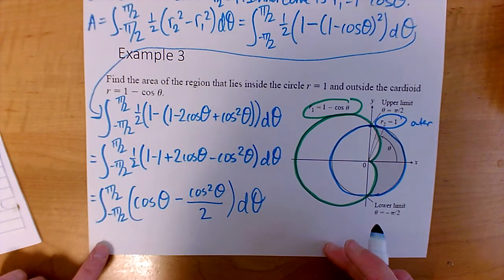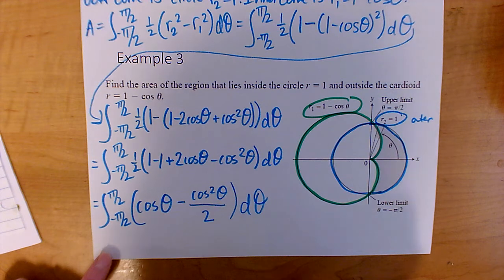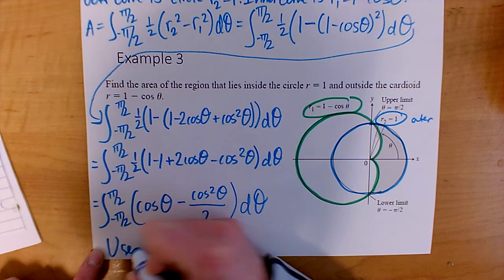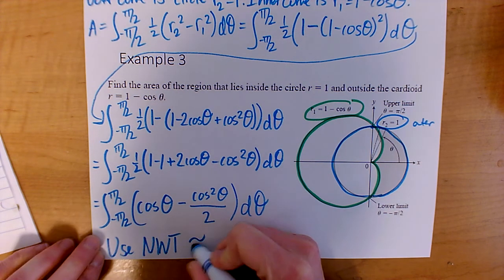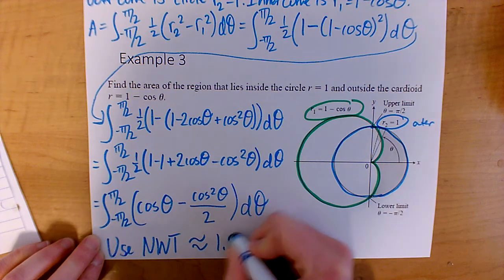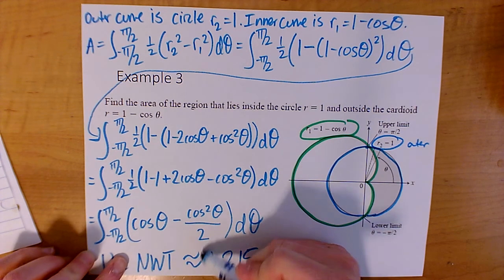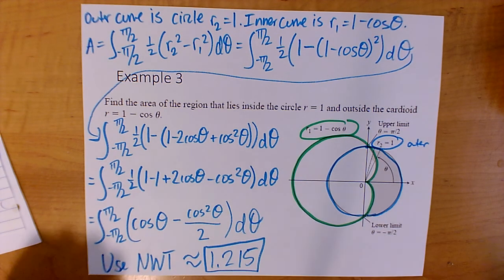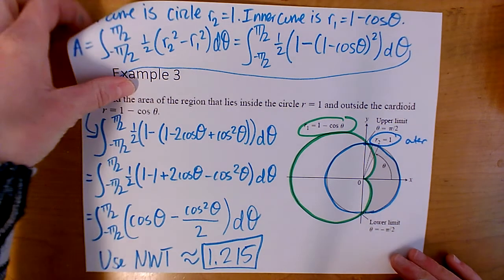Here we've got this nice and simple, so this should be pretty easy to plug into our calculator, hopefully without making too many mistakes. And then we can practice our NINT skills. We're going to get 1.215, and that's the answer there. So that's the area between these two curves. That was example 3.